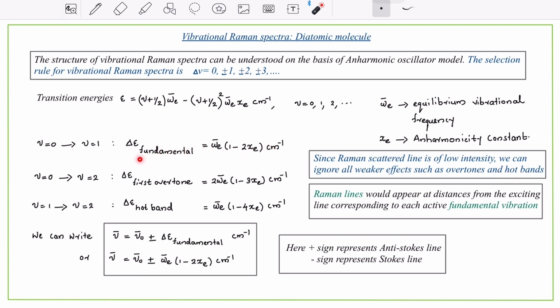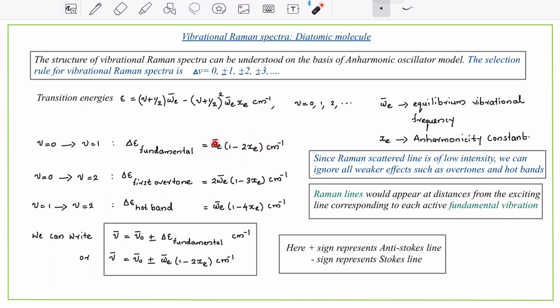So we can concentrate our discussion on the fundamental vibration line only. The Raman line would appear at a distance from the existing line corresponding to each active fundamental vibration.